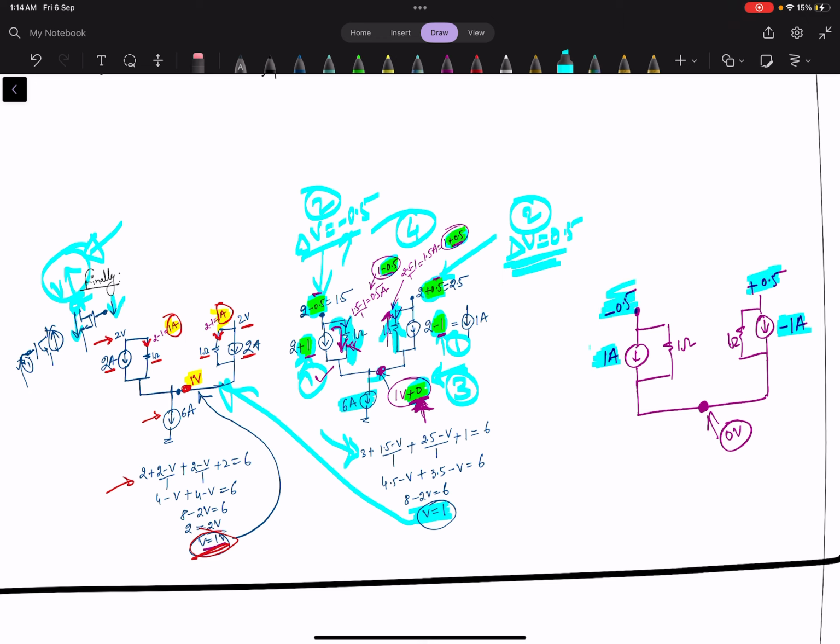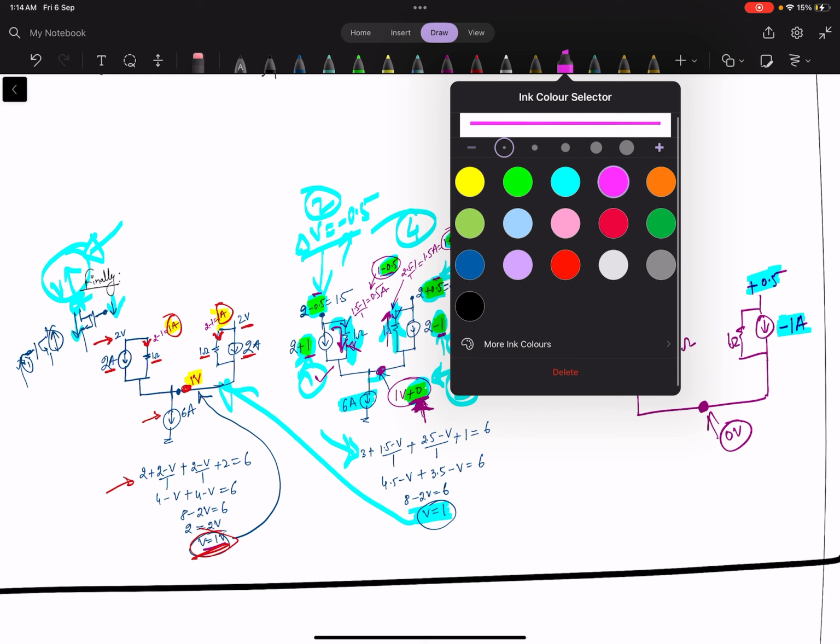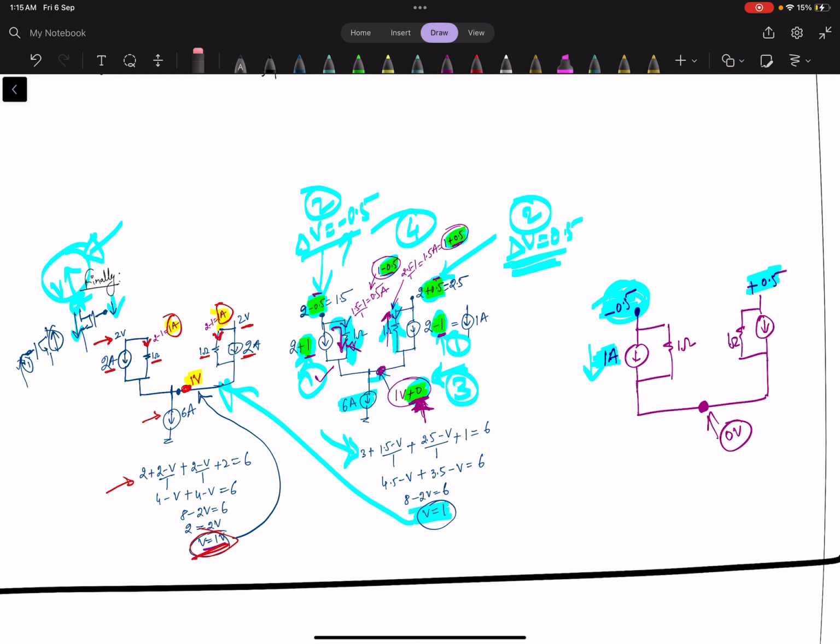An important point is that if this current increases, this voltage decreases, and if this current decreases, this voltage increases. So the current increases and decreases, and the voltage decreases and increases equally: the current increase is 1 ampere, the current decrease here is 1 ampere, the voltage decrease here is 0.5, and the voltage increase is 0.5.